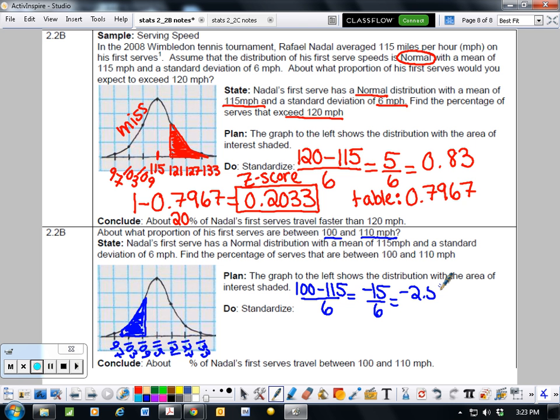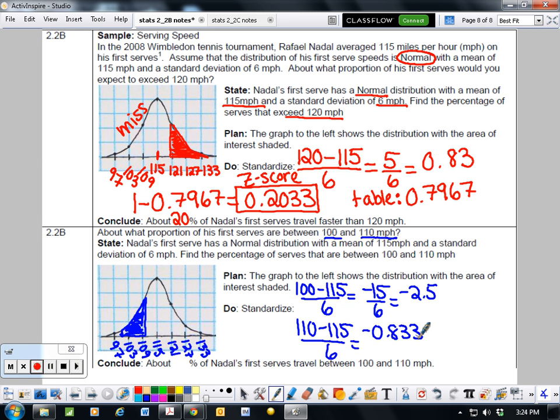Yeah, looks about right based on my graph. And then I can check my z-score for 110: 110 minus 115 over 6 gives me a negative 0.833. And I can use that with my table to help me figure it out.